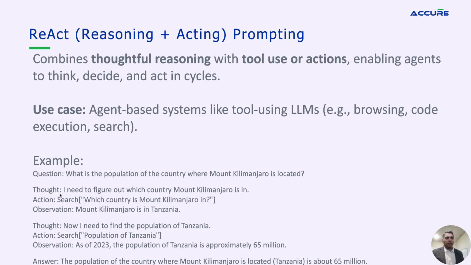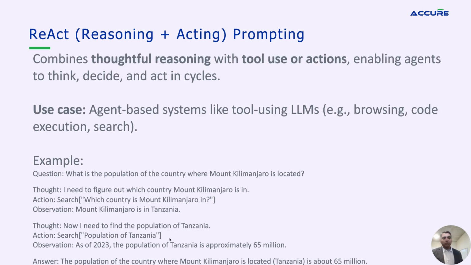Thought: I need to figure out which country Mount Kilimanjaro is in. Then action, it will search the country name, and it will find Mount Kilimanjaro in Tanzania, for example. And then thinking will be, now I need to find the population of Tanzania.